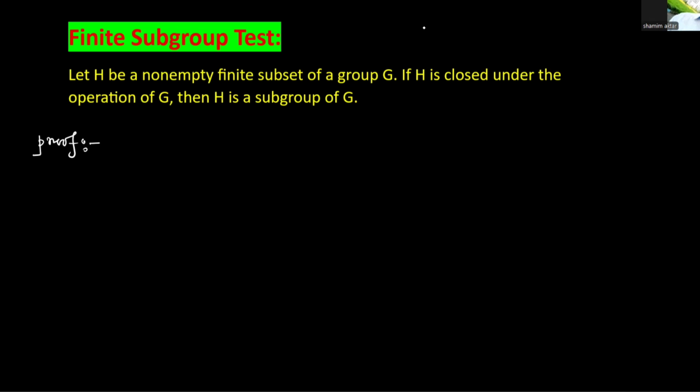Here we use the two-step subgroup test, so we only need to show three conditions. First, H is non-empty. Second, H is closed under the operation.